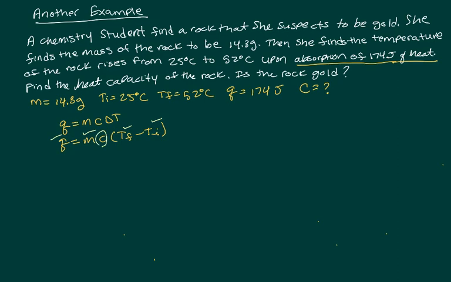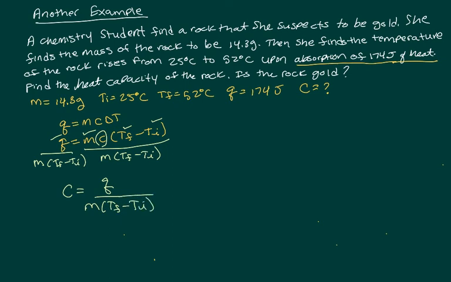So let us rearrange our equation to solve for C. And very simply, we just divide this value on both sides. And we end up with C is equal to Q over M times T final minus T initial.